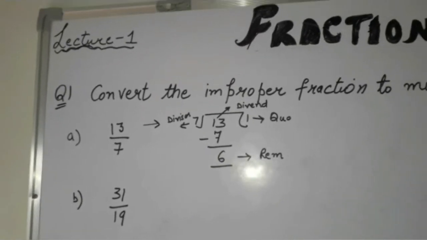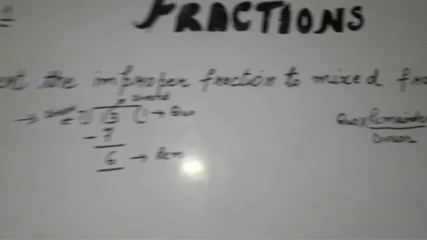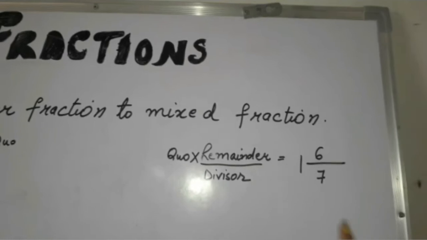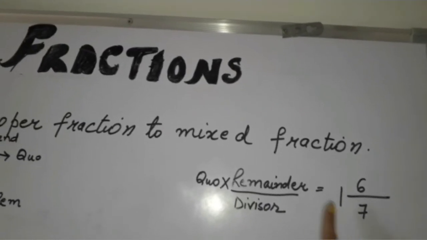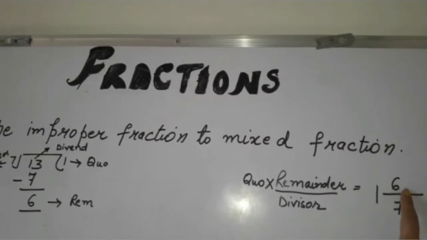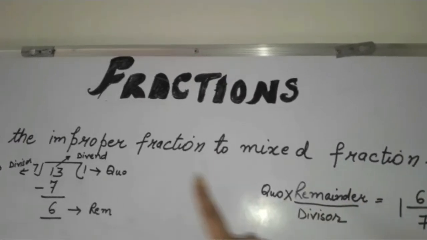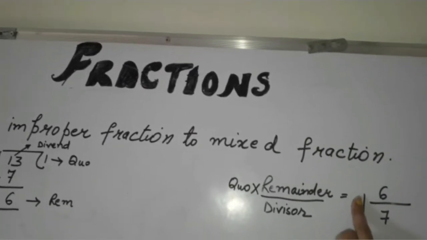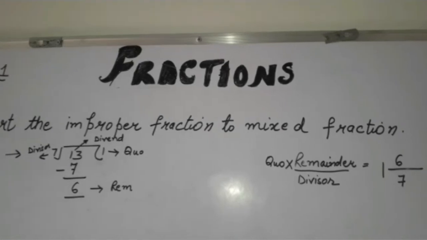Now let us see how I will write it into the mixed fraction. Students, you will write down your divisor at the denominator, your remainder, that is 6, on the numerator, and you will write your quotient, that is 1, in between, beside the fraction, like this. In this way you will get your mixed fraction.